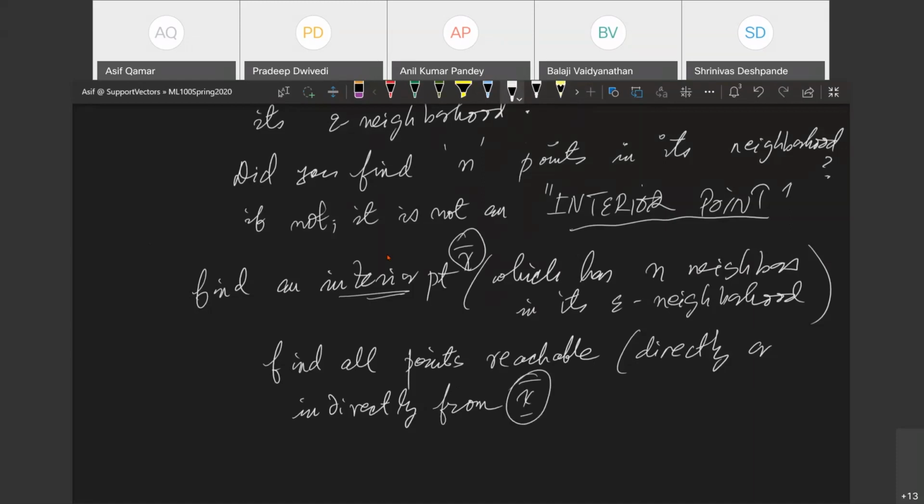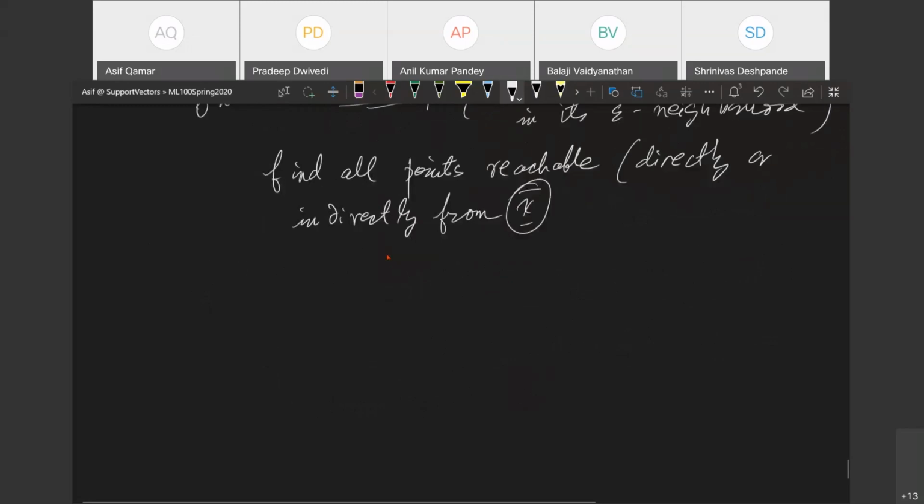So intuitively, let me show you what will happen. Suppose you have a cluster like this. Let's take an example, and some outlier points. Suppose you end up with an outlier point, you'll end up ignoring it, right?